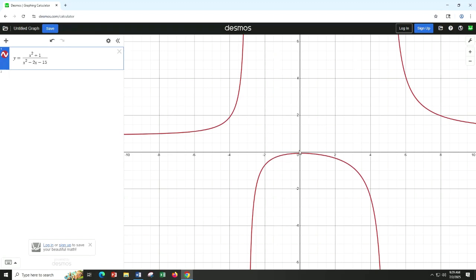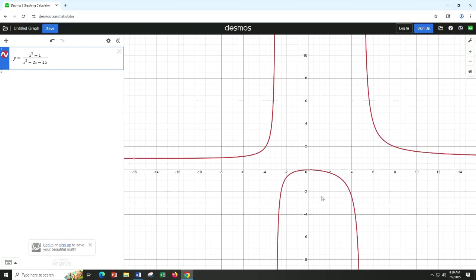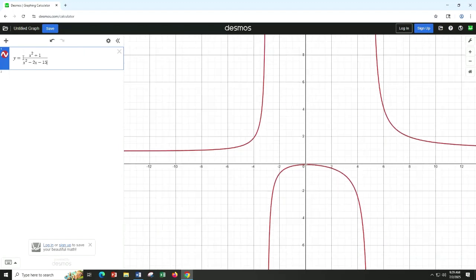There's your graph. Okay, but notice what I'm gonna do here. That's just your graph, right? But look what I can do here. Let's take out the y.